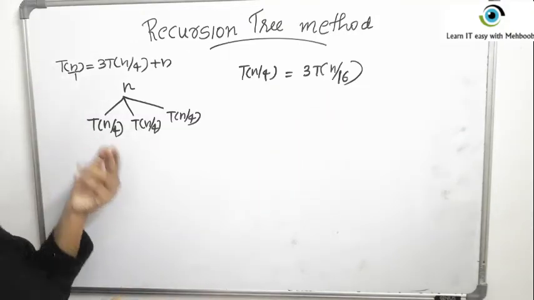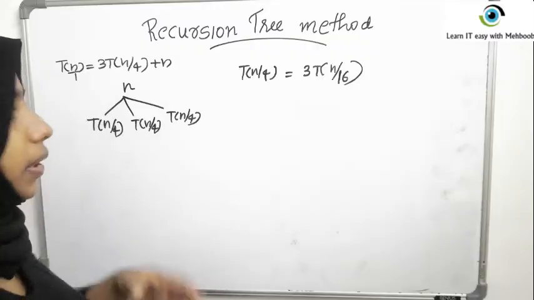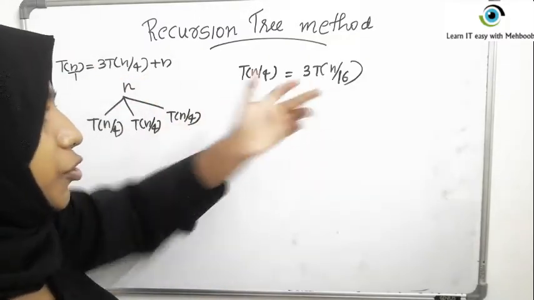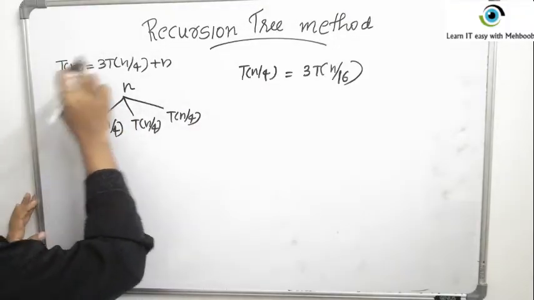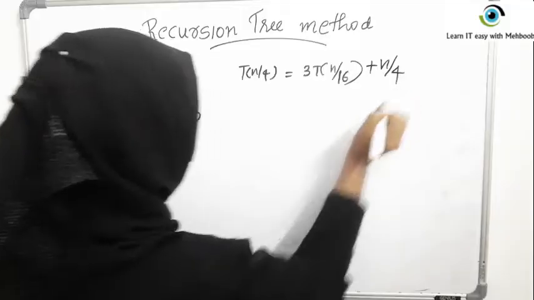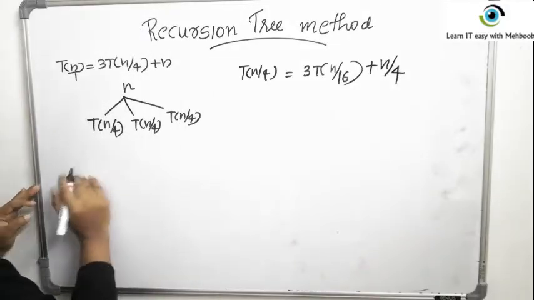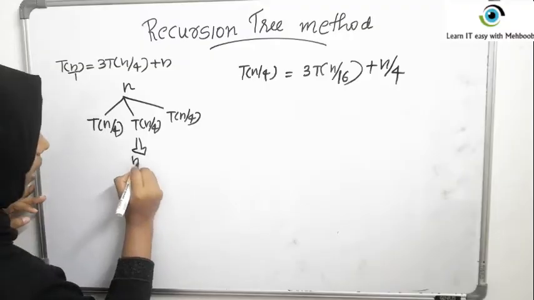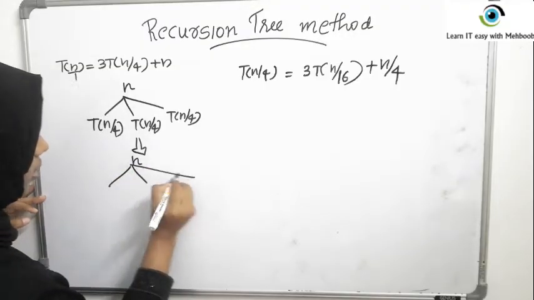Note, not 4 into 2, 8, because you can't see any multiplication with 2 here, isn't it? When it is 1, it is 4. When it is 4, it should be 16. Now when it is n, this is n. So when it is n by 4, that should be n by 4, isn't it? So expand the tree, you'll get n. 3 subproblems.